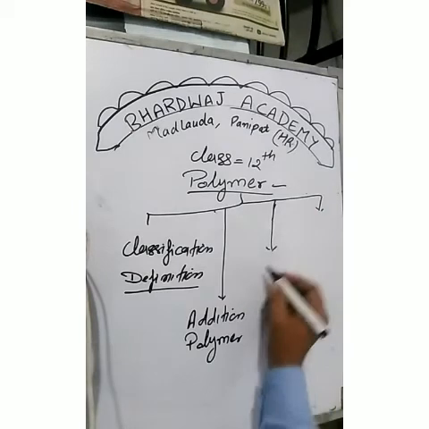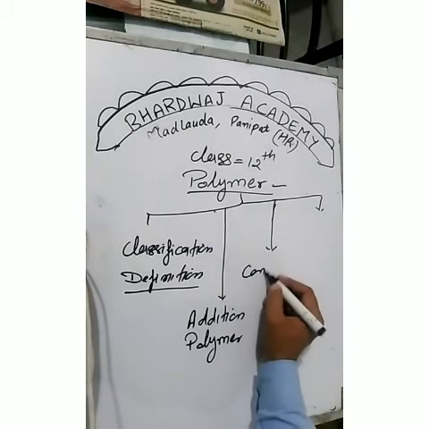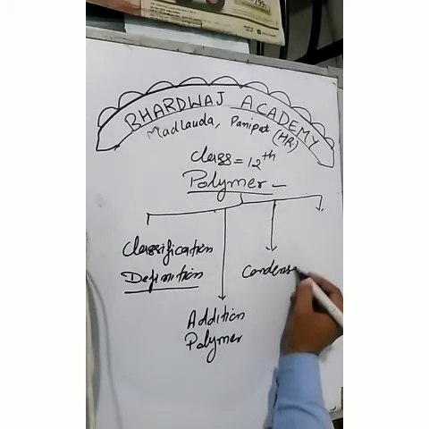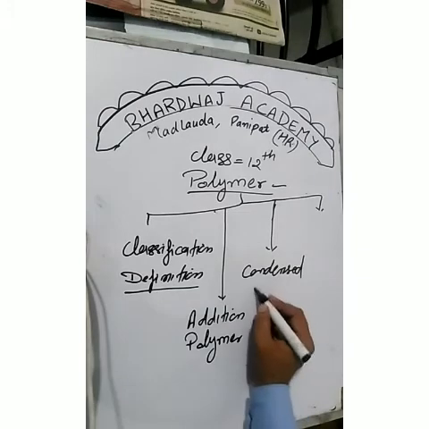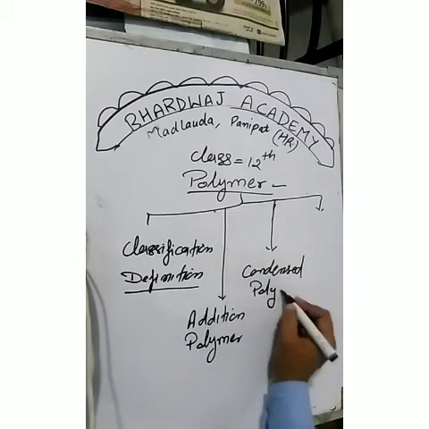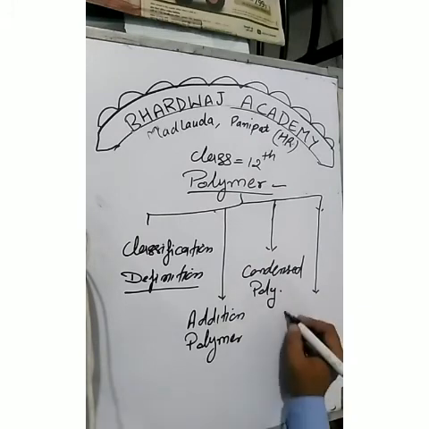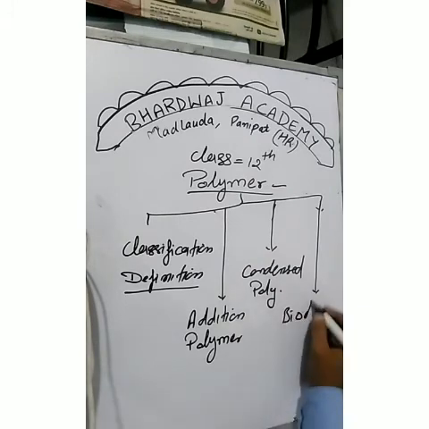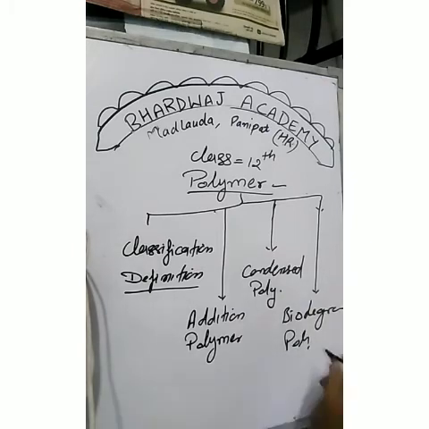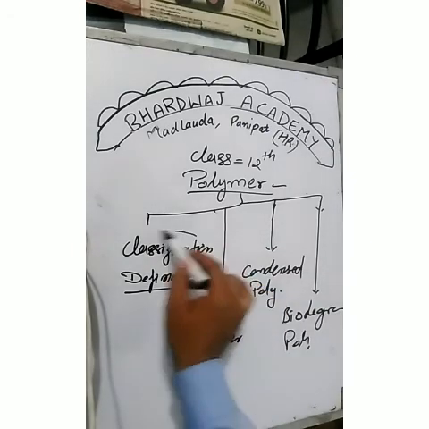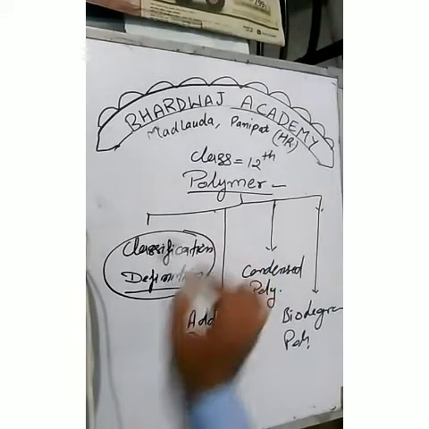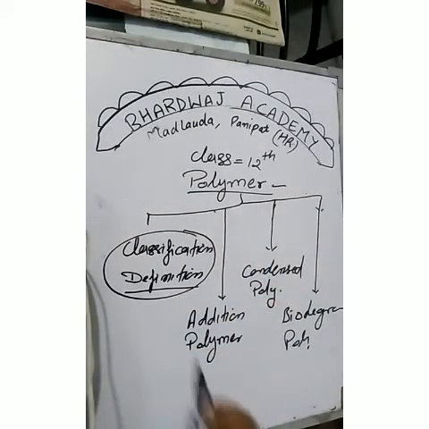Third part is about the condensation polymer. Then, in the last part, we are discussing biodegradable polymer. In this video we are only discussing the classification and the definition of polymer.